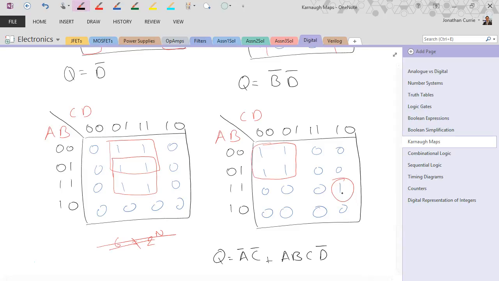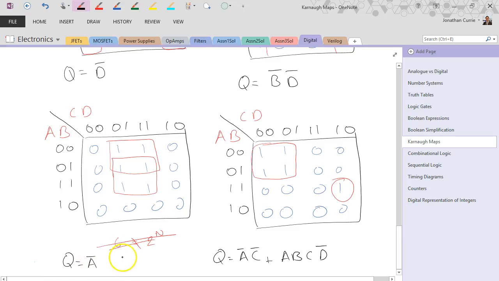But you will always strive to circle them into the biggest groups possible to solve this problem. And we'll just quickly do this one as well. So the top box here, we would get not A, D, or the bottom box here, we would get B, D.